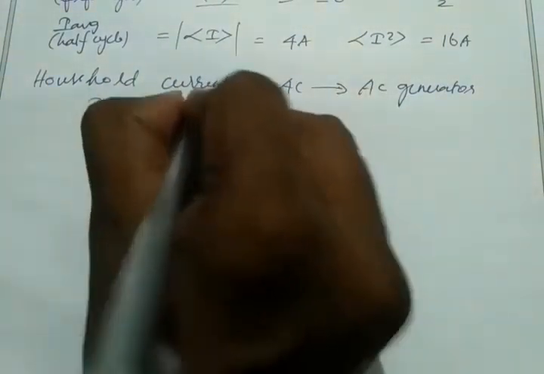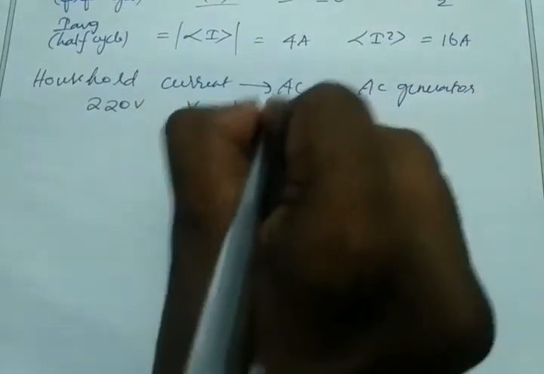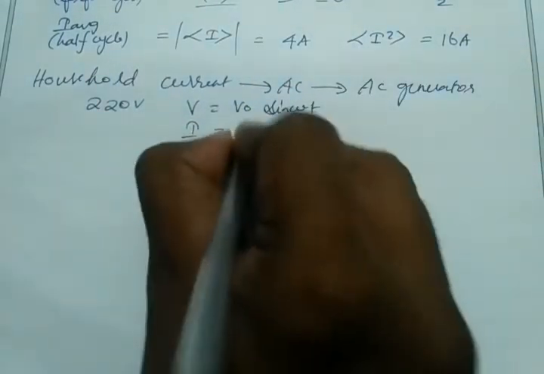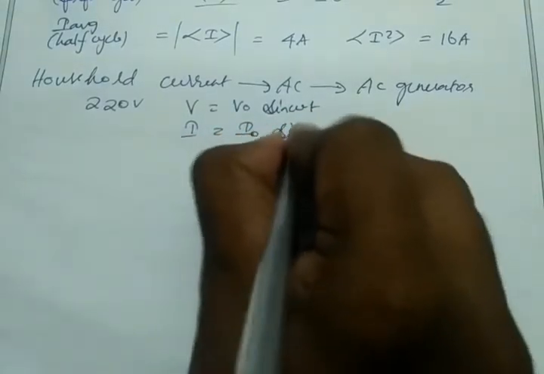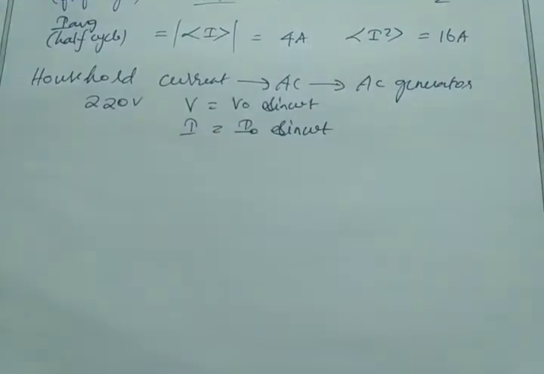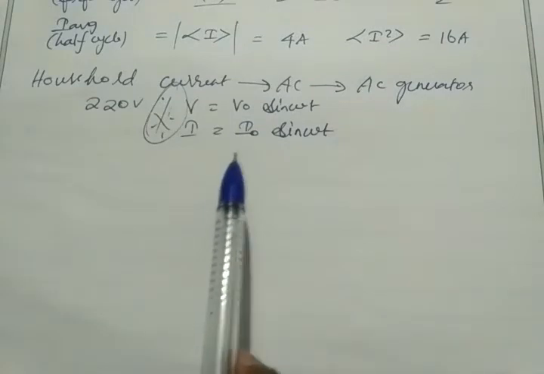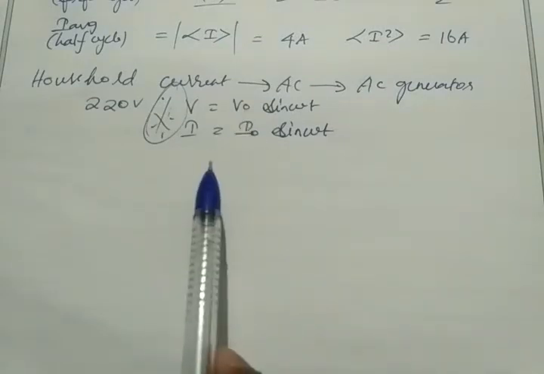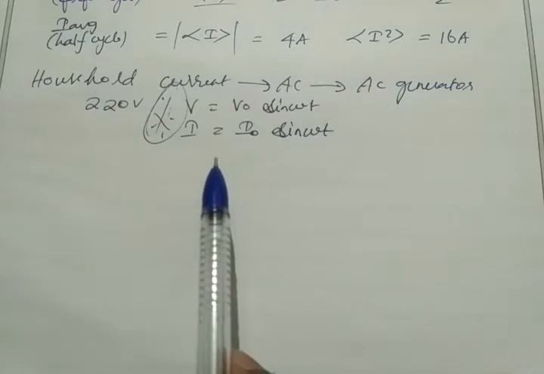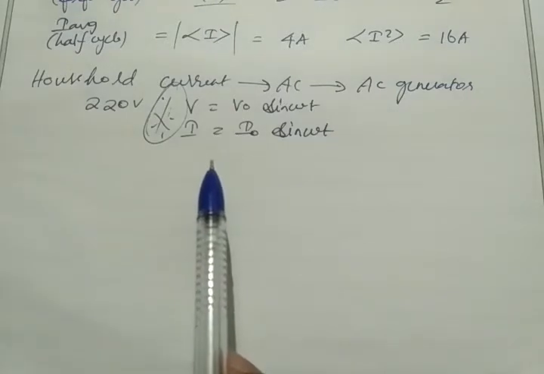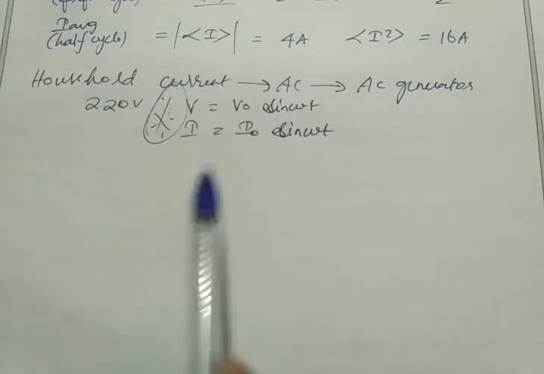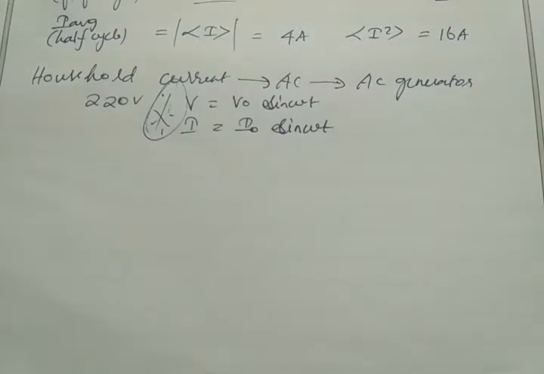So we have the voltage equation V naught sine omega t, and the current equation I naught sine omega t, which we studied in AC generator. These two equations are very much important. In this whole chapter we are going to solve all the equations and derivations with these two equations. V equal to V naught sine omega t is the equation for AC voltage, and I equal to I naught sine omega t for AC current.